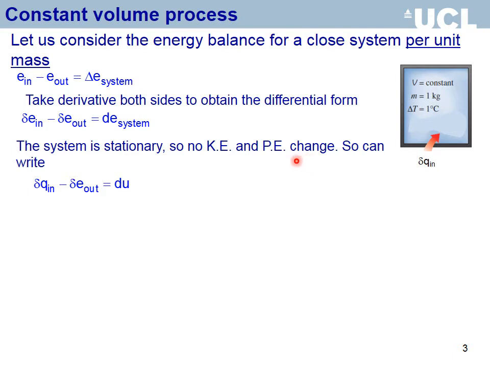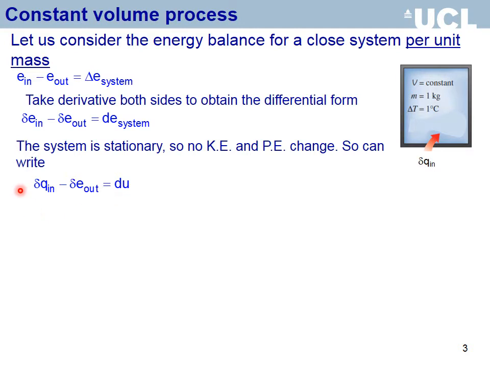What I'm trying to get to is I can safely disregard the change in kinetic and potential energy for the system. And if I do that, then the change in energy of the system becomes nothing but equal to the change in internal energy of the system. So I get my energy balance equation reduced to this form here.